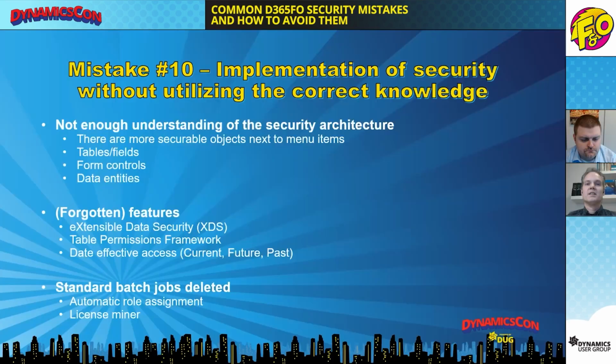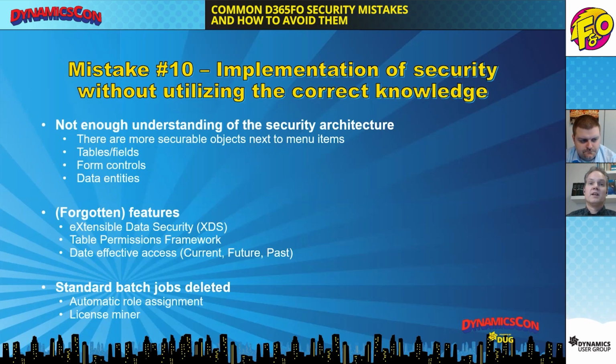What we also see is sometimes that people think, hey, there are certain batch jobs which I don't think we really need. What I've seen in the past is that some batch jobs are deleted because they think, well, I'm not using them. However, the automatic role assignment batch job, if you delete it in AX 2012, it's a hard way to get it back.